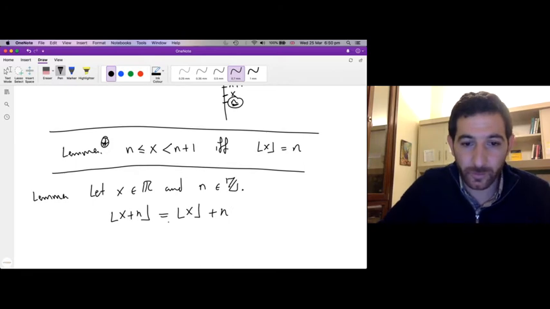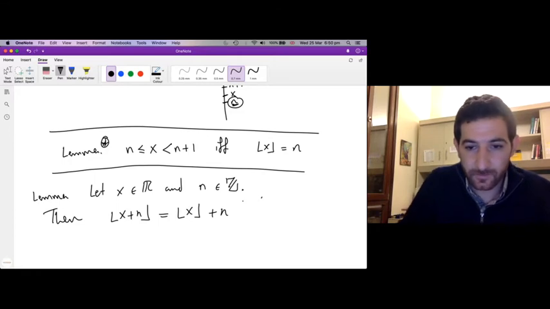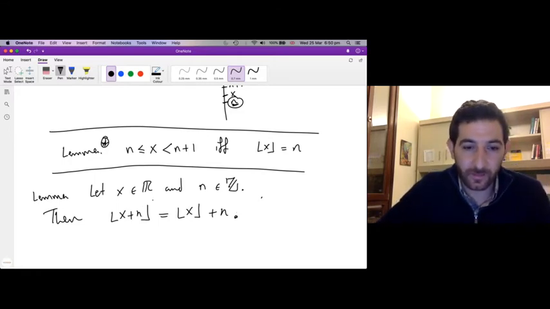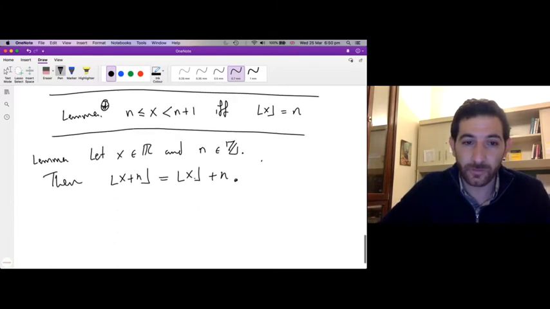Okay, we want to prove this. Again, what does this say? We have a real number x. If we add an integer to it, n, we get another real number x plus n. If you take the floor of this number, this will be equal to the floor of x plus n. Okay, so we want to prove this, and we want to use the star, this lemma.